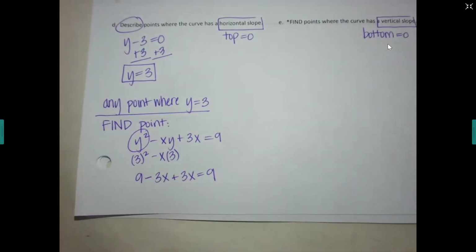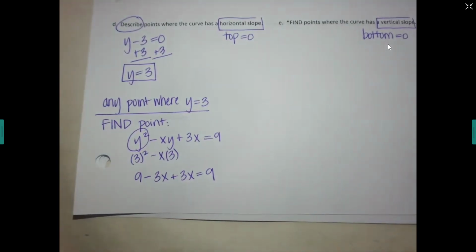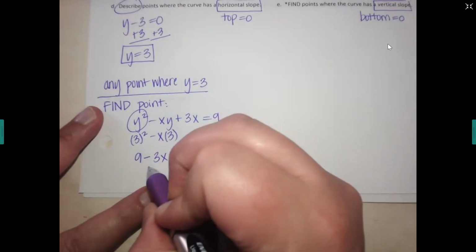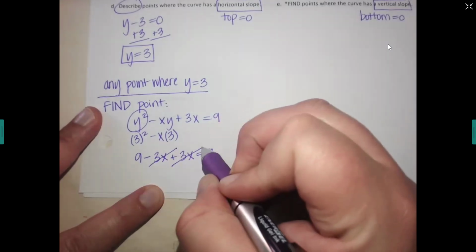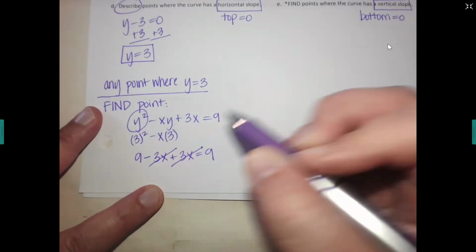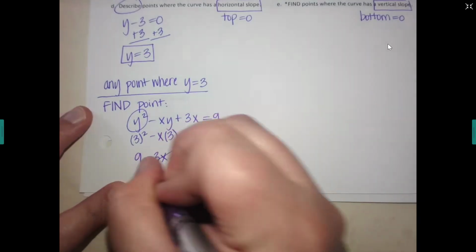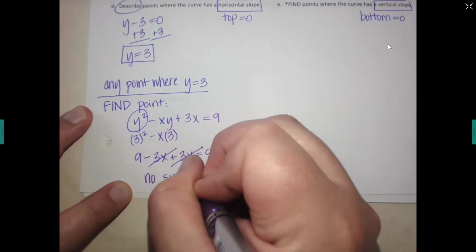And then what is going to happen when I combine the 3x and the negative 3x? They cross out. So in this case, you would say there is never going to be a point where my y is 3. So because this kind of weird thing happens, I can't actually solve for an x that goes with it. Then you would say there's no such point.